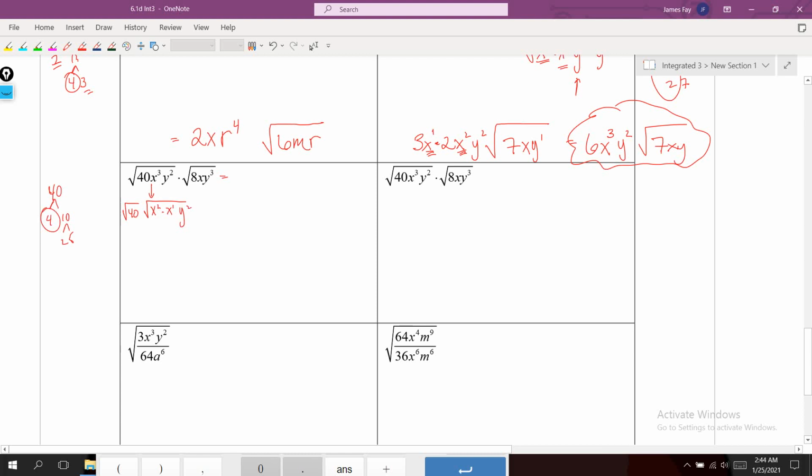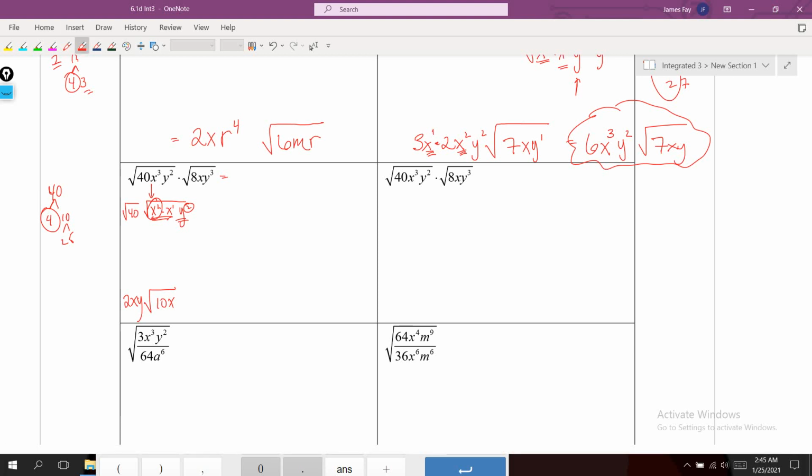So in my answer, a 2 can come out in front, and a 10 is going to stay underneath. Now with the x cubed, that turned into that, so half of that 2 can come out in front, and that one stays underneath. And this y squared, the y can come out. So half of the power 2 comes out front. That gives me the square root of 40x cubed y squared.